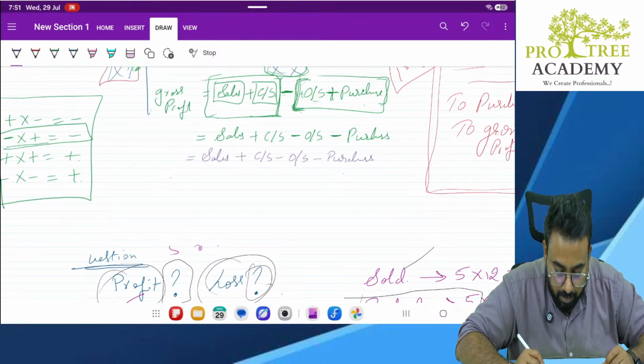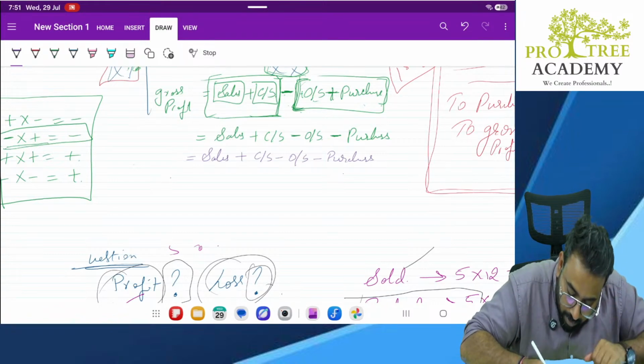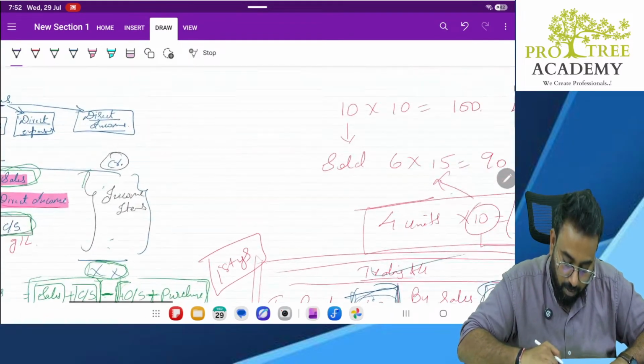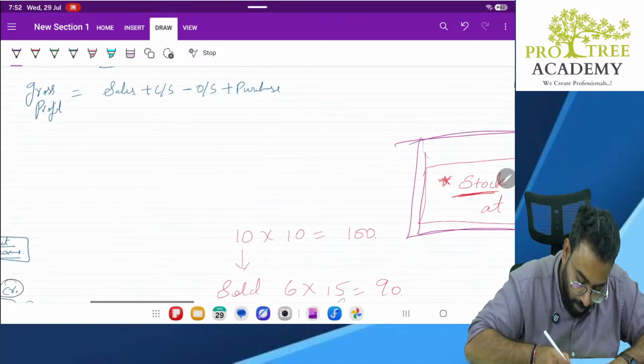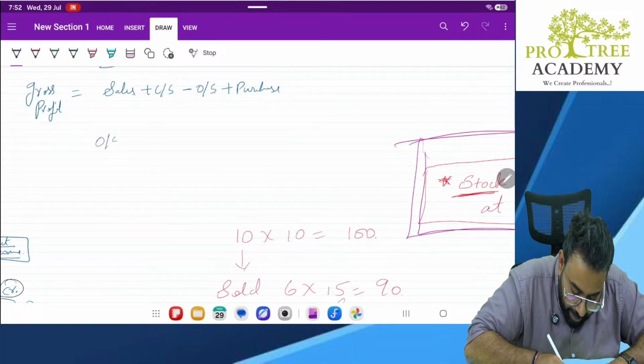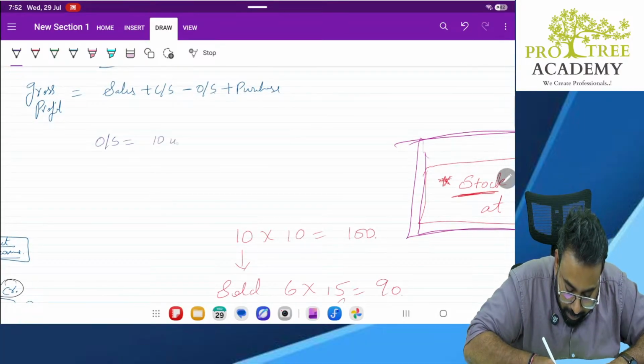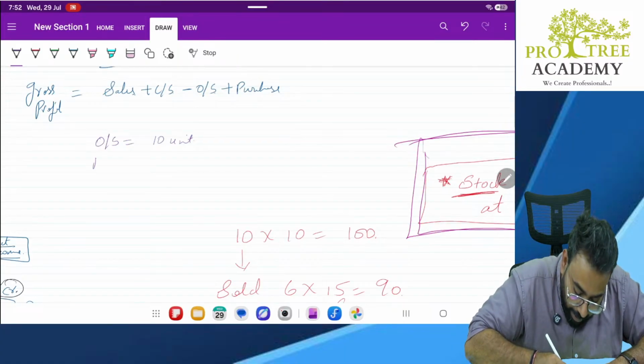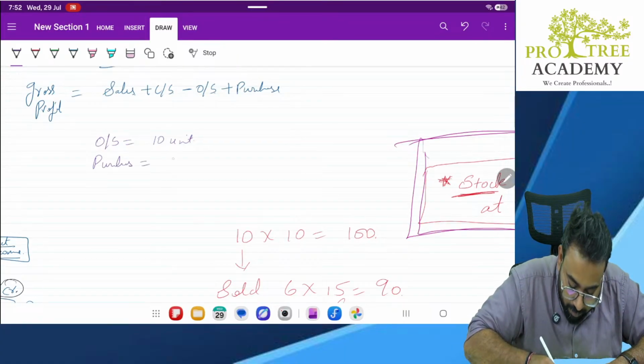Okay. Now, I will help you to understand these three figures better. Suppose if I had an opening stock of 10 quantities, I made a purchase of another 5 units.